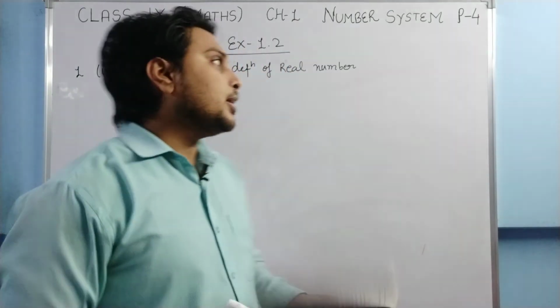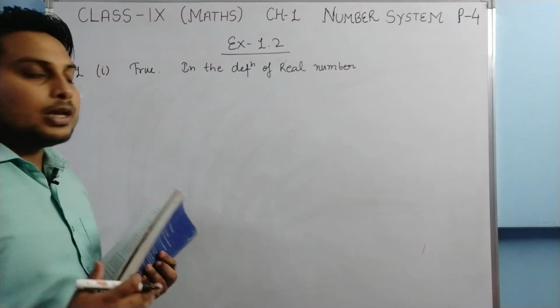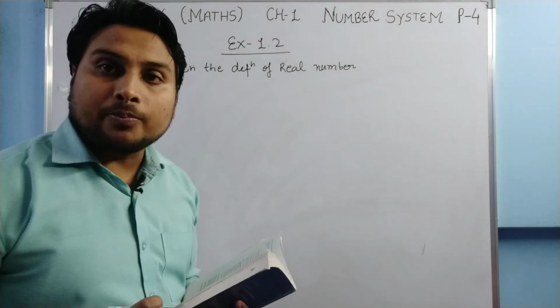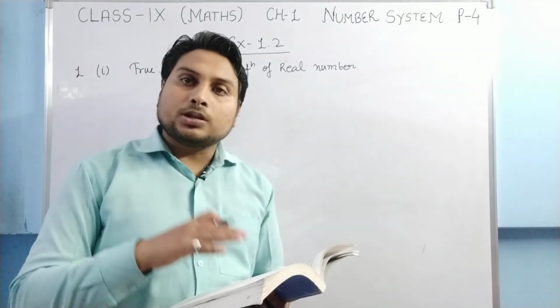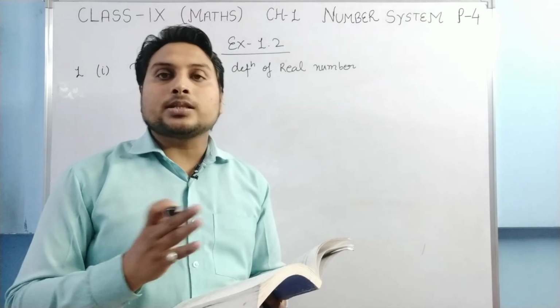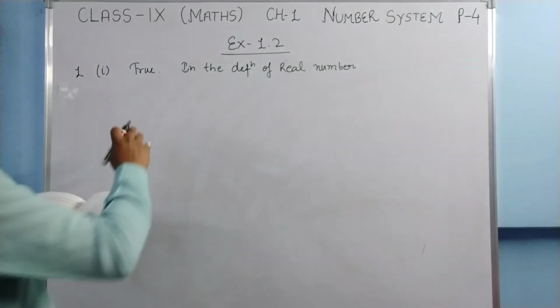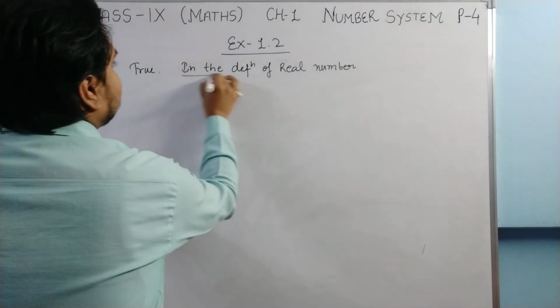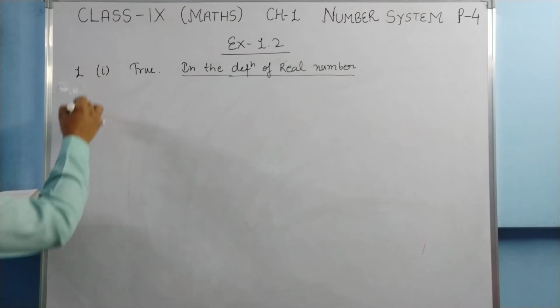And we have just learned how we can represent irrational numbers also on the number line. So if we can show irrational numbers on the number line, it means they are real numbers. So you will write the definition, and by the definition you will justify it.